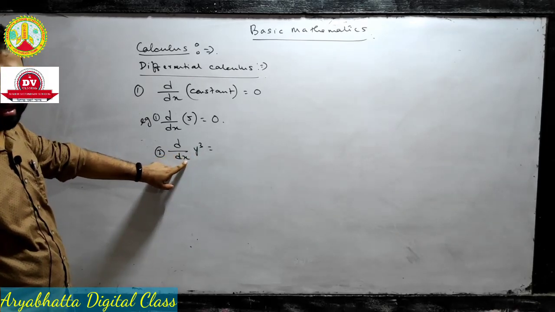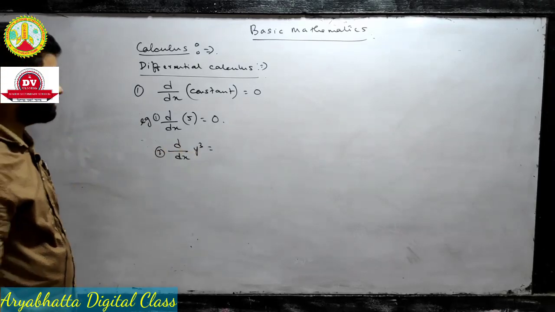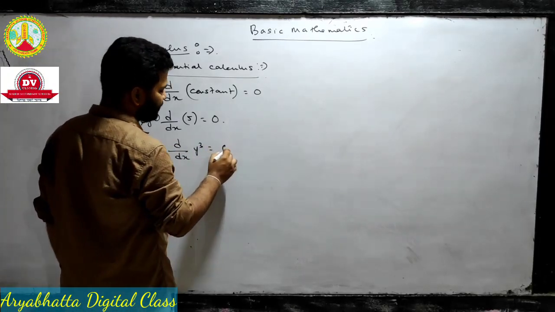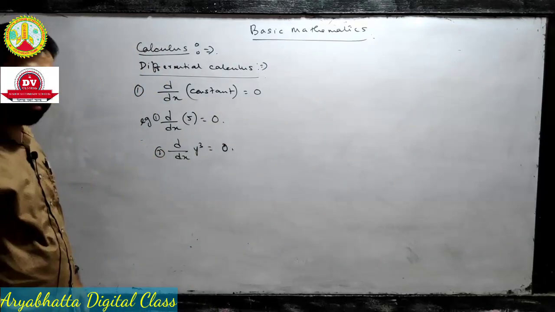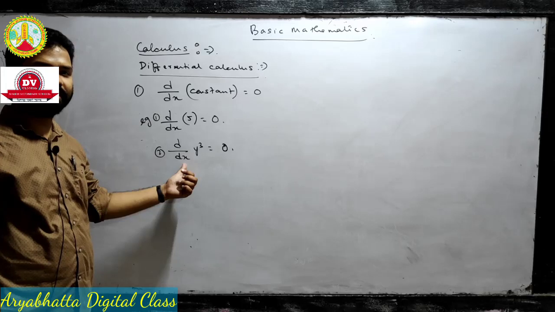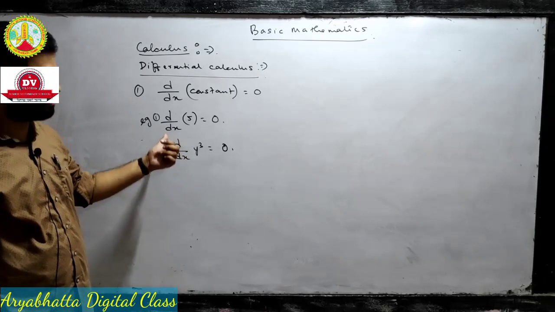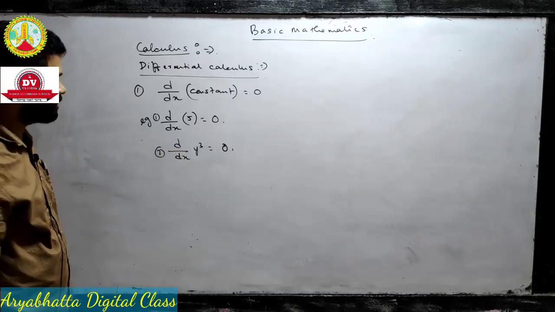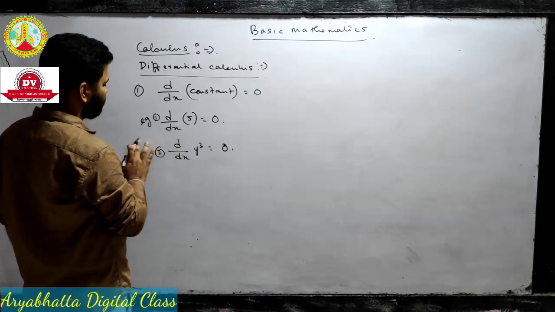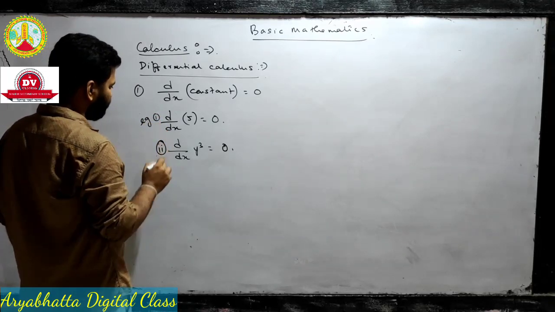So for this variable x, y will be constant. So what will we write? This is also 0. Keep in mind that if we write d/dx, our variable will be x, if we write d/dy, our variable will be y, and if we write d/dz, the variable will be z. This is the first example and this is the second example.